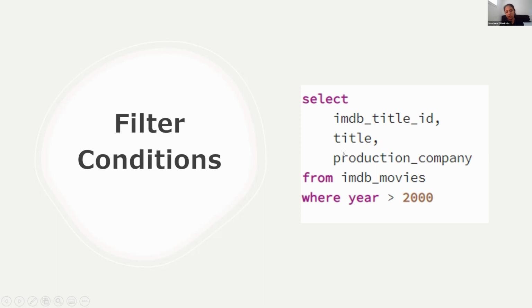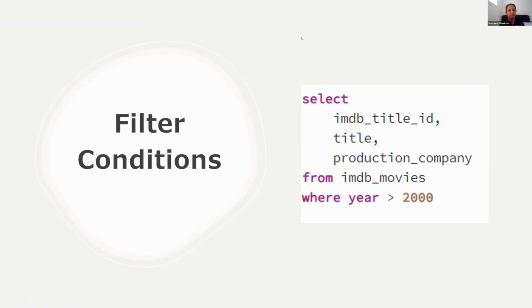Select the column names from IMDb movies, where this part is the initial query that we wrote. So we don't need the entire data set. We just need the movies which came out after the year 2000. So if we put a where clause saying where year is greater than 2000, we would get all those movies which are greater than 2000.